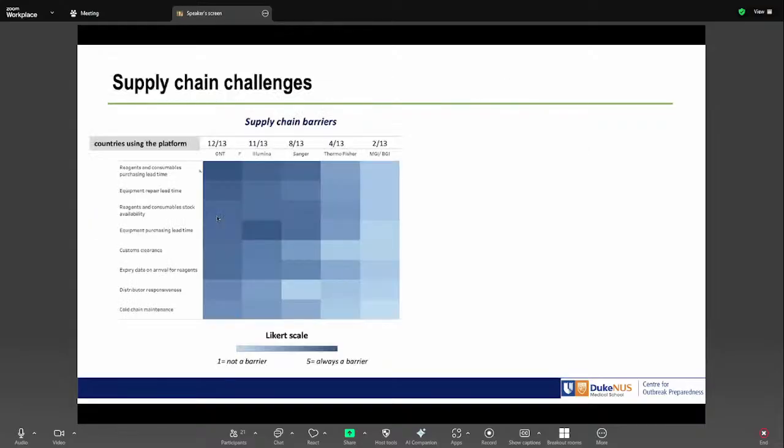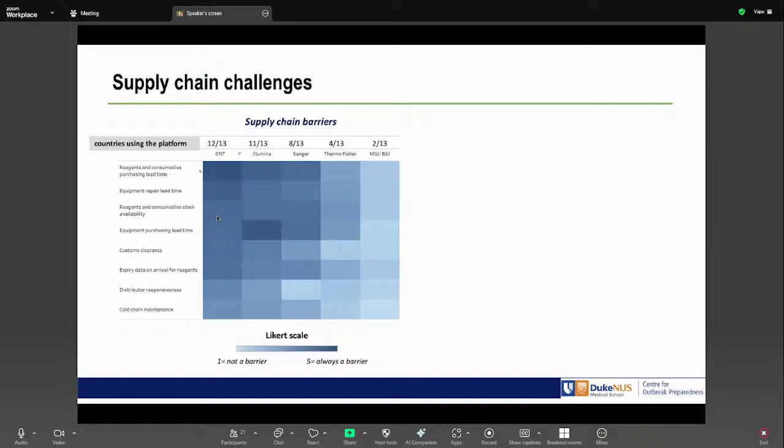Now, when we talk about setting up advanced technologies in low resource settings, one of the major issues, going in as a scientist, I didn't realize this going in, because I'm always thinking about the science, right? But going in, we realized one of the major issues is supply chain.